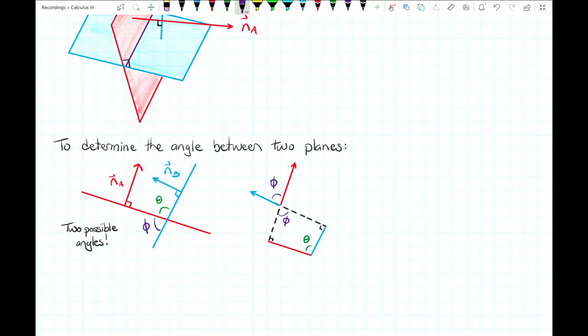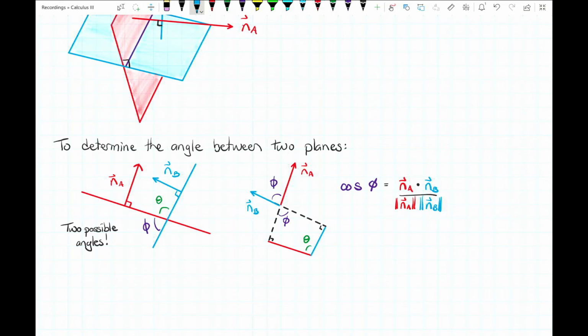Cosine of phi is equal to the dot product of our two normal vectors, n_a dot n_b, and then we divide by the norm of each of those vectors. That will allow us to figure out one of the two possible angles between our planes, simply by taking a look at the angle between their normal vectors.